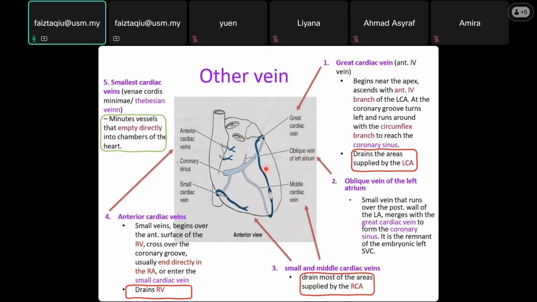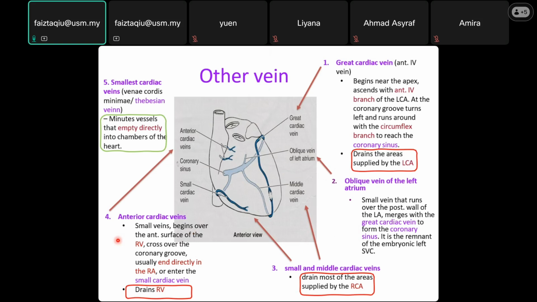Next, the oblique vein of the left atrium is a small vein that runs over the posterior wall of the LA. It merges with the great cardiac vein to form the coronary sinus. It is basically the remnant of the embryonic left SVC. Third, the small and middle cardiac veins drain most of the areas supplied by the RCA. The fourth is the anterior cardiac vein.